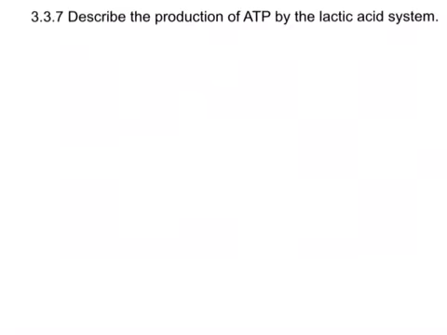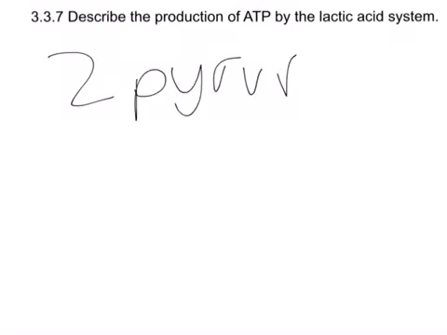In this slide, I'll demonstrate how ATP is produced by the lactic acid system. Through anaerobic glycolysis, the glycogen stored in the muscles is split into two pyruvates.